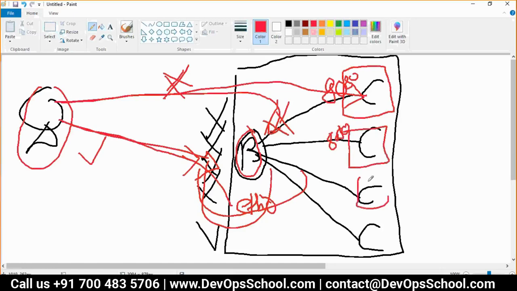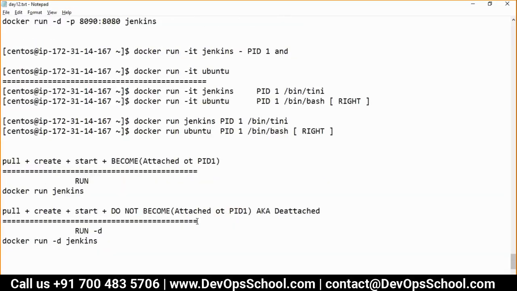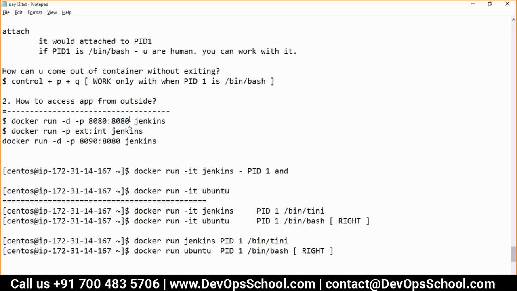So what if I want to point it to different instances of the same container, a different application running on a different port? Yeah, you can change the port in that case.